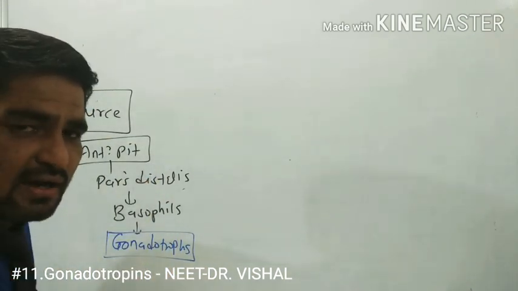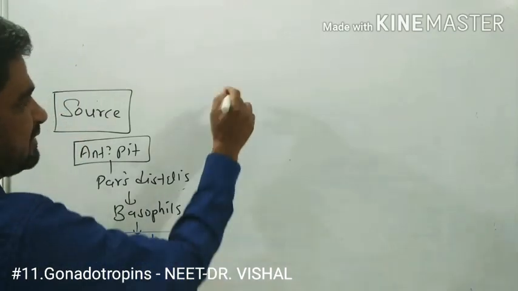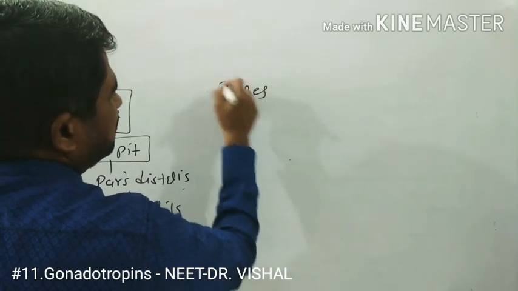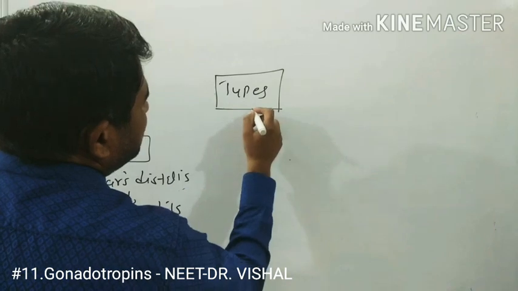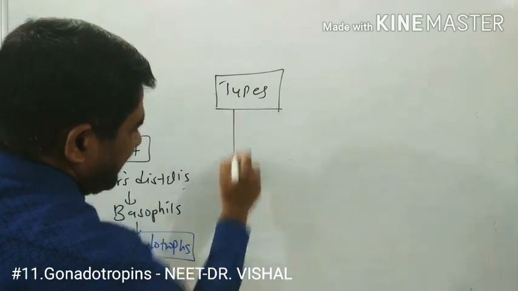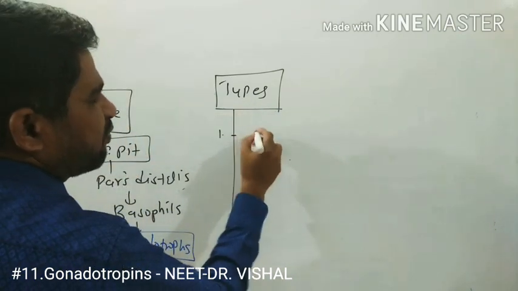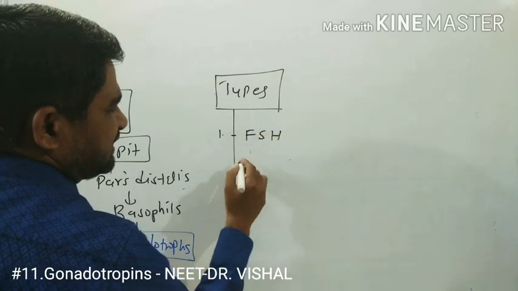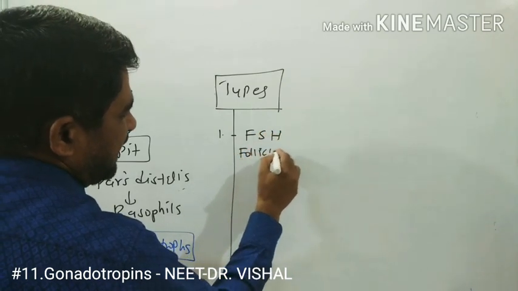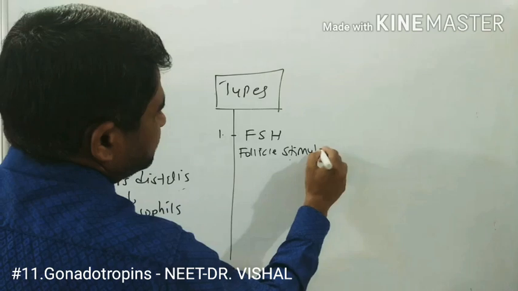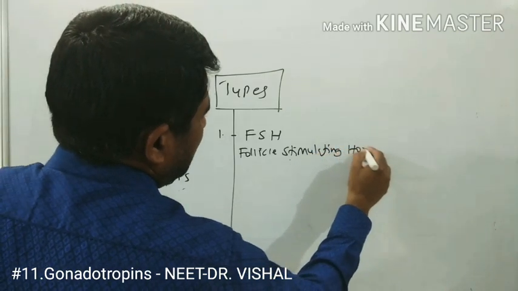So what are the types of gonadotropins? There are actually three types of gonadotropins. Type number one is called FSH, follicle stimulating hormone.